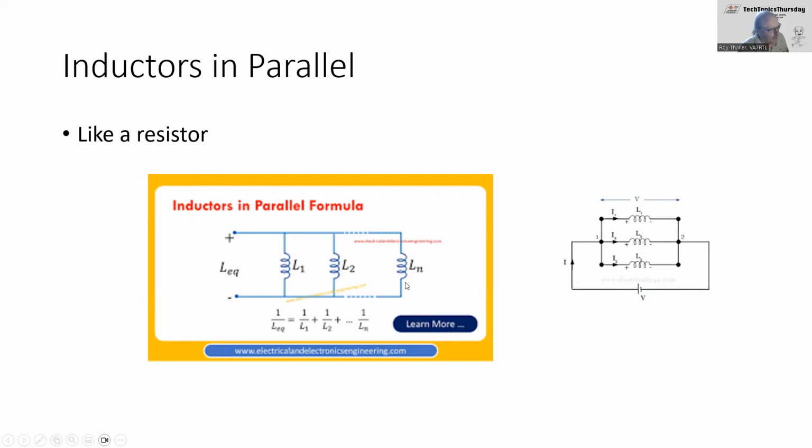You can draw it this way or you can draw it this way. So it's basically 1 over L1, 1 over L2, 1 over Ln. You take the reciprocal of all of these, add up the reciprocals, and then take the reciprocal of that. And that gives you that value. So it's the same as you would do for a resistor.